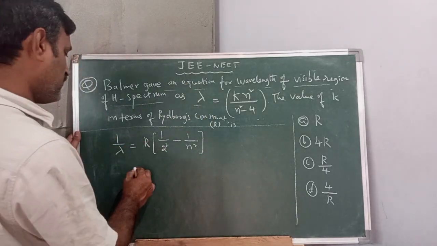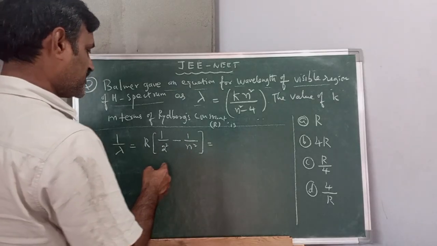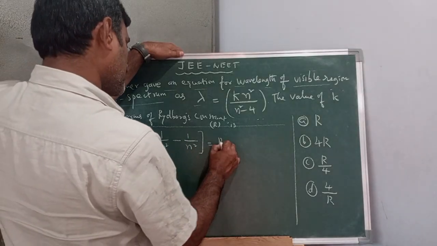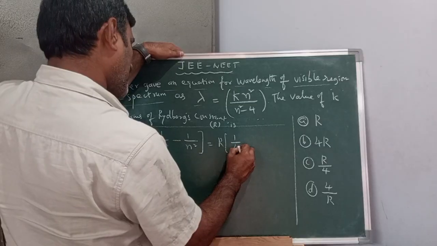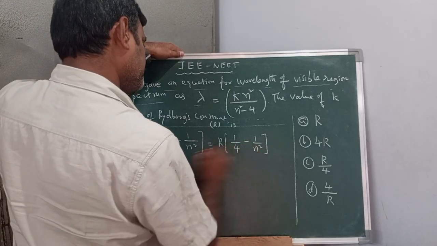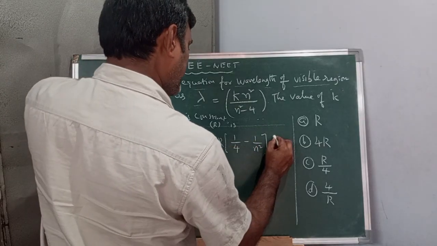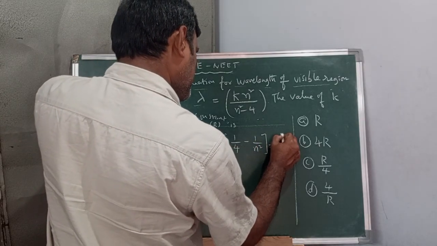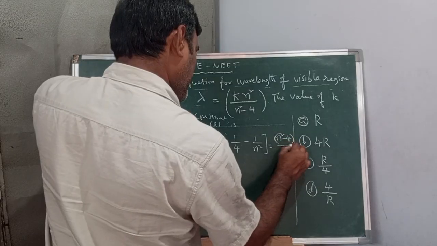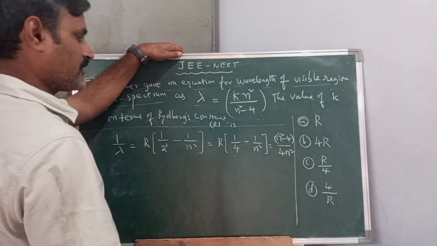First of all, let us see what this answer is, what its LCM is and all these things. This is R into 1 by 4 minus 1 by n square. Its LCM is 4n square, so we write this as n square minus 4 divided by 4n square.